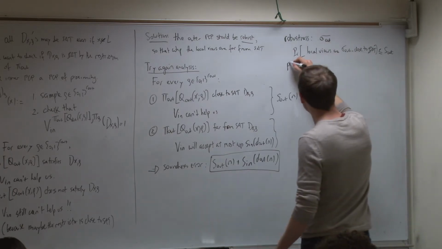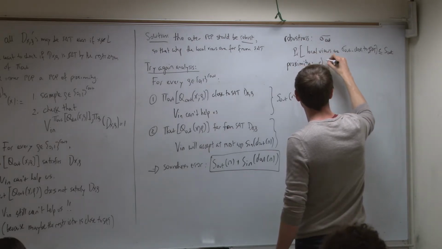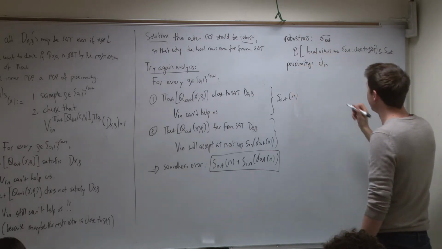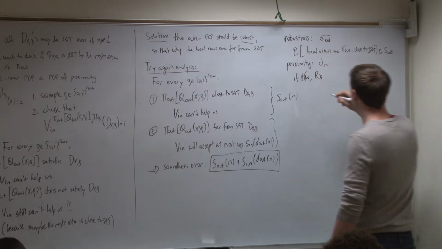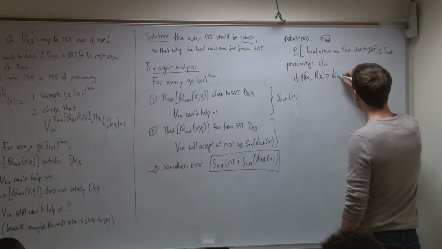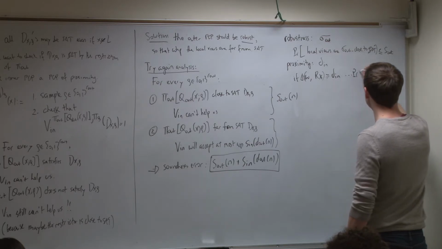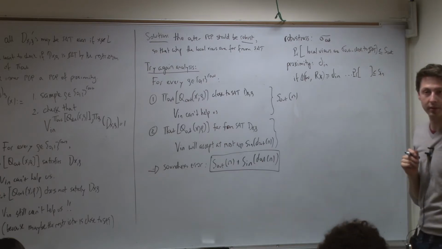And proximity was saying there was a parameter, in this case delta in, it was saying that if the distance between your candidate witness and the set of valid witnesses is at least this much, then the probability that you accept is at most S in, okay?